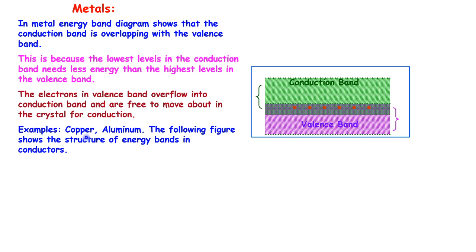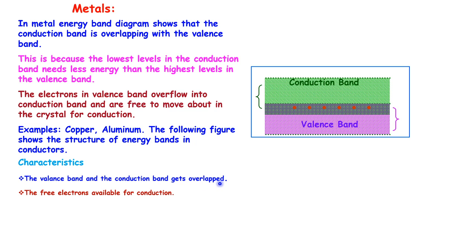The examples are copper and aluminium, as shown in this figure, the structure of the energy band in a conductor. Characteristics: the valence band and conduction band overlap, and free electrons are available for conduction.